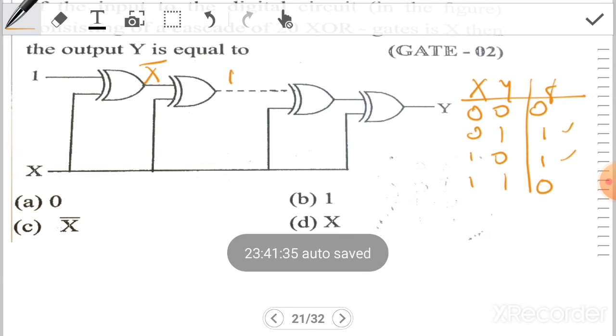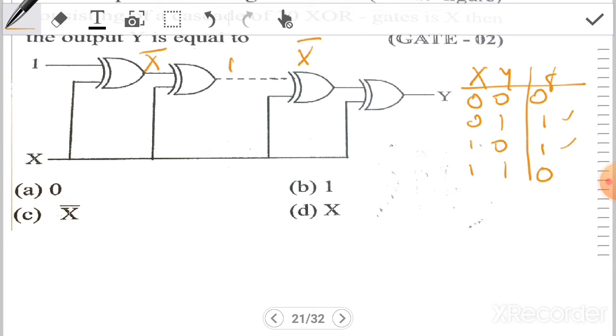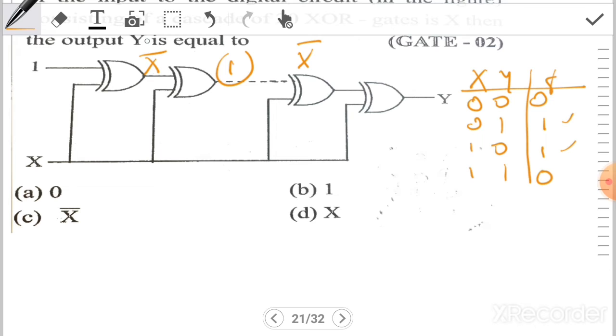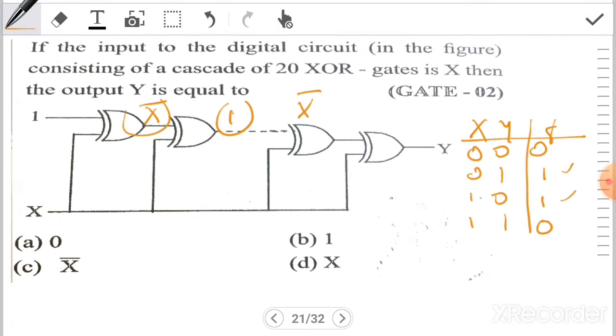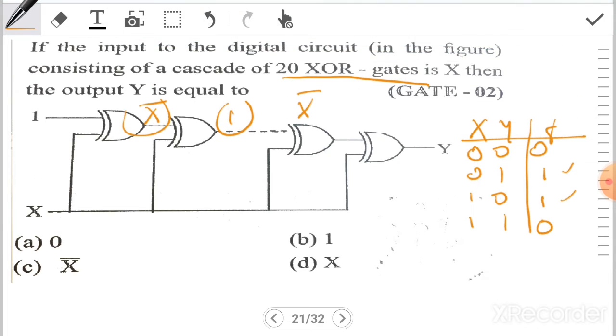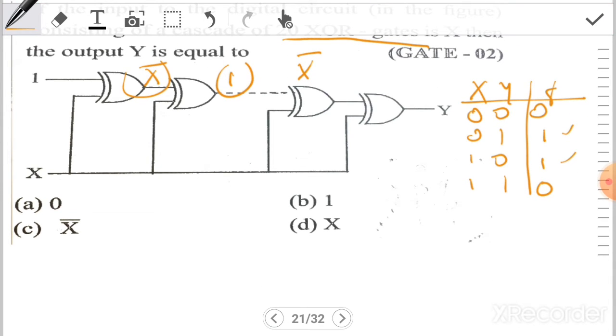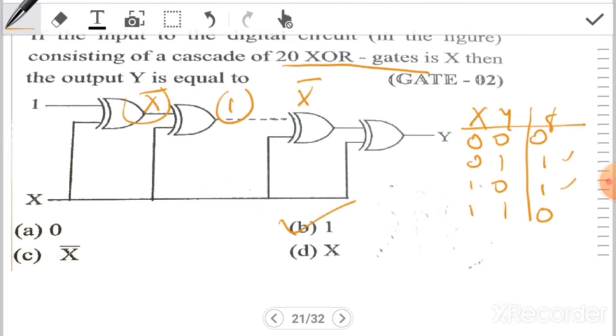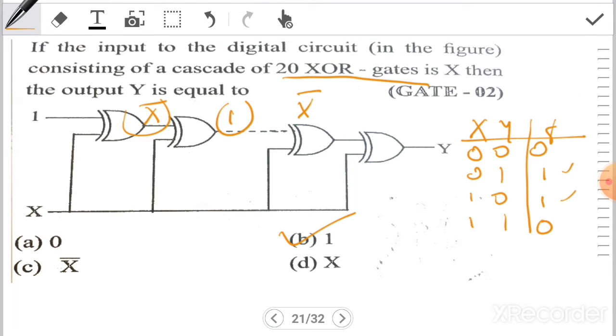Again for the third XOR gate we have 1 and x, so again output will be x complement. So even gate output is 1 and odd gate output is x complement. So for 20 XOR gates we have output 1. 20 is even and output is 1. So answer is B. Yes. Let us proceed.